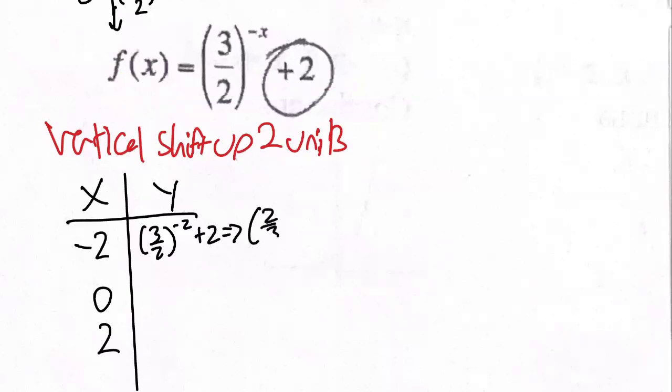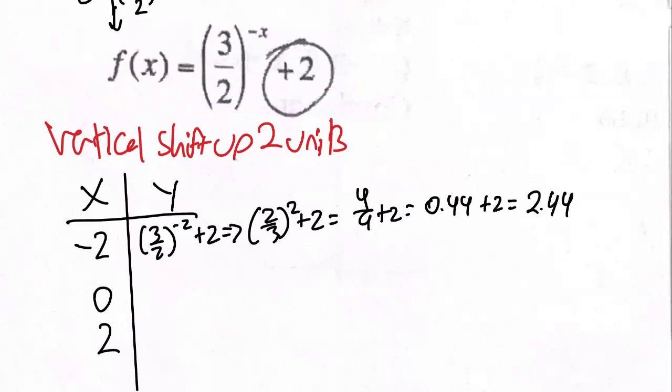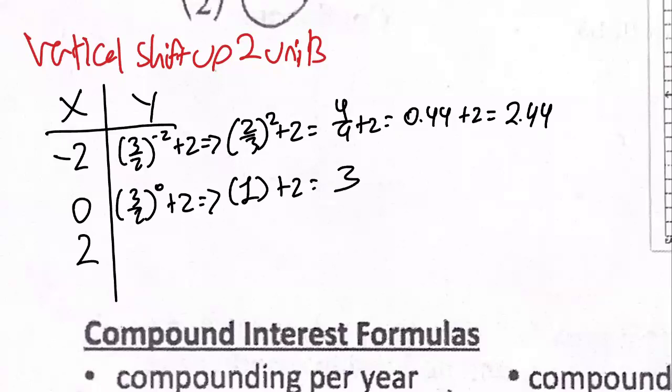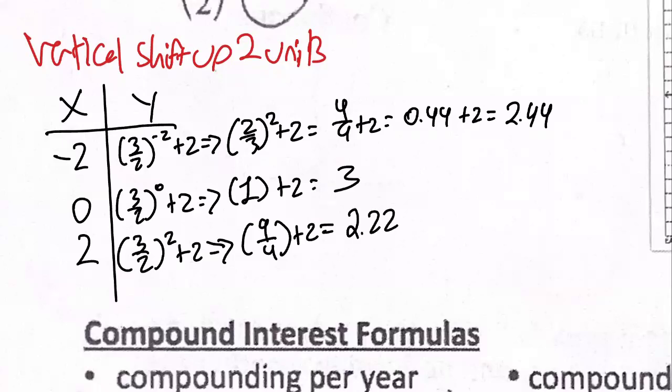So in this case, this is 4/9, 0.44 plus 2, which gives me 2.44. 3/2 to the power of 0 is 1, plus 2, which will give me 3. 3/2 squared is 9 divided by 4, 2.25, plus 2, 4.25.